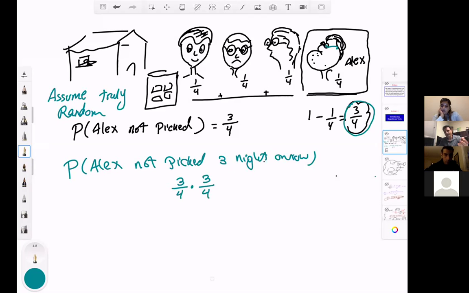And the third night will be another 3/4. So what's the probability right now that Alex is not picked 3 nights in a row? What is this probability? It will be 27/64. It will be 0.42, which is 42%.